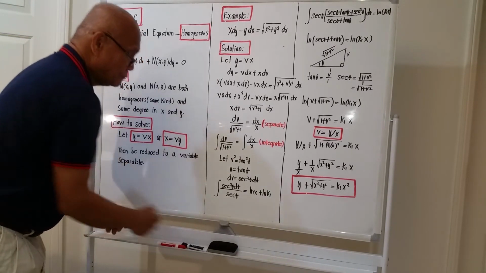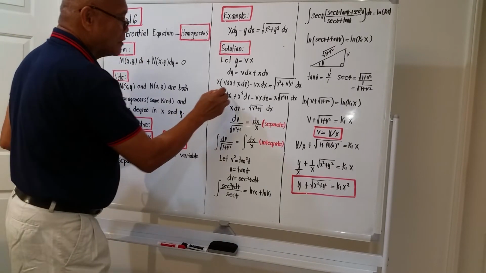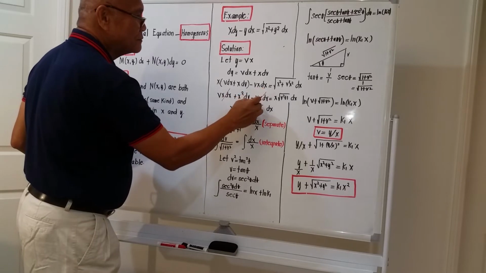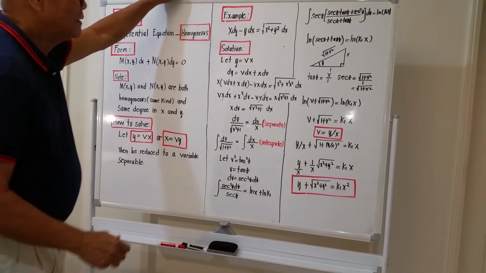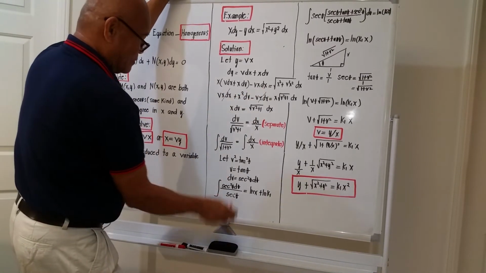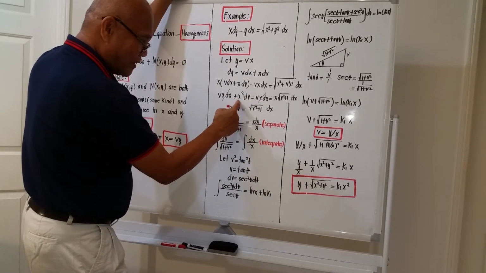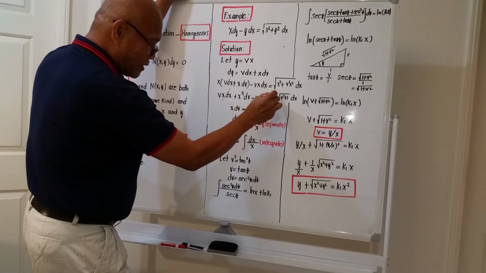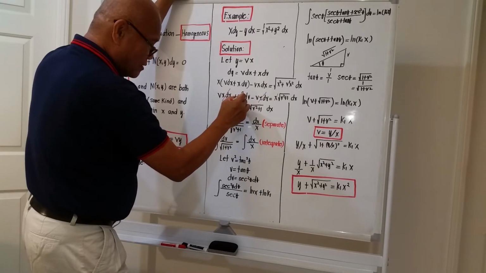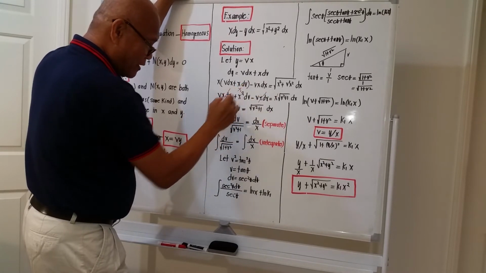Okay? This cancels, right? So this is gone, this is gone. There's an x over here, there's an x over here, so actually we could cancel one x. So x will remain over here.